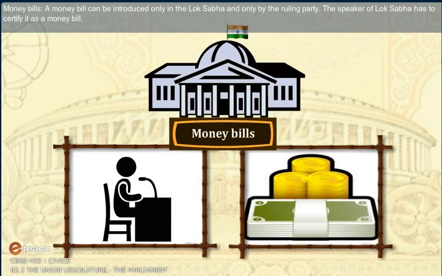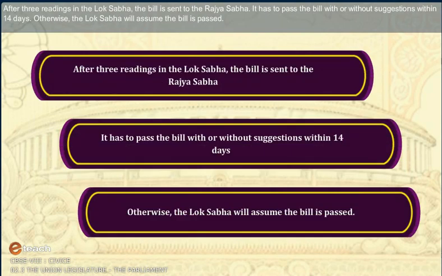Money bills. A money bill can be introduced only in the Lok Sabha and only by the ruling party. The Speaker of Lok Sabha has to certify it as a money bill. After 3 readings in the Lok Sabha, the bill is sent to the Rajya Sabha. It has to pass the bill with or without suggestion within 14 days.